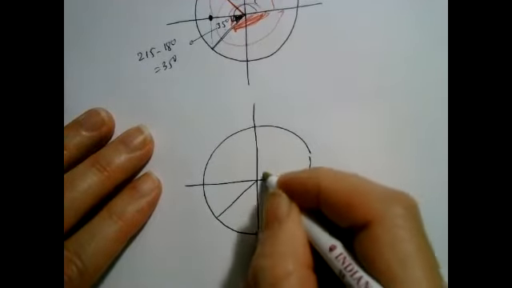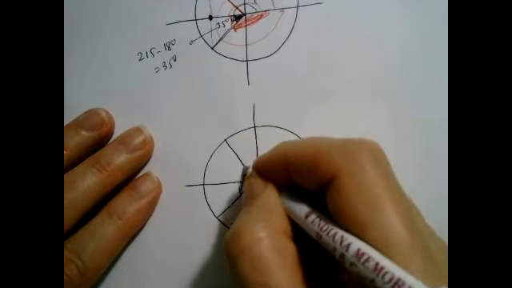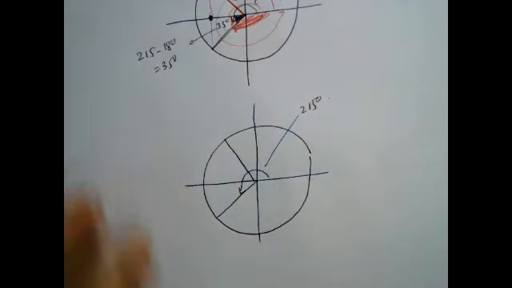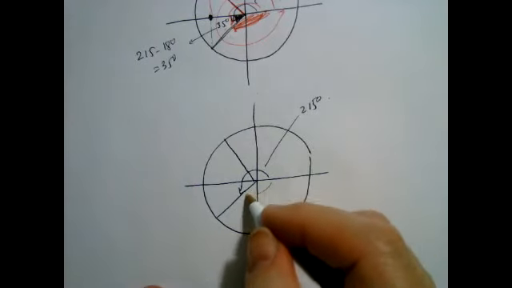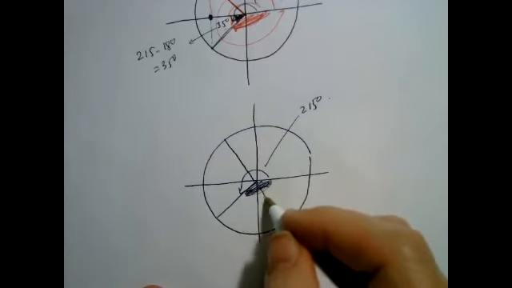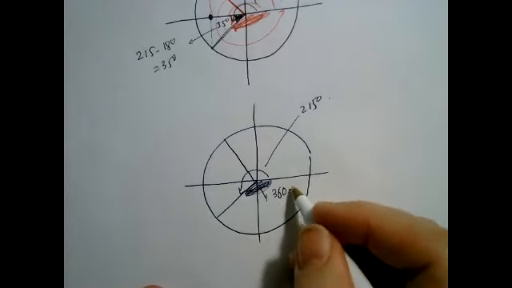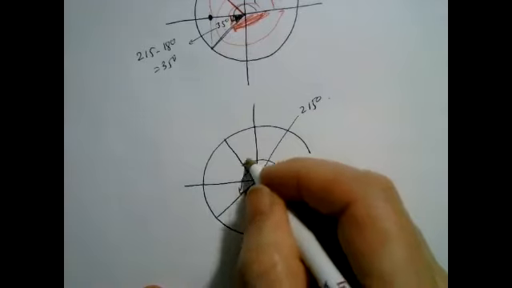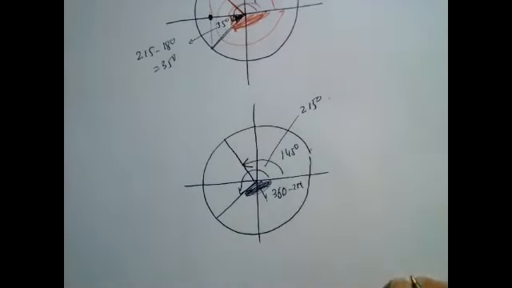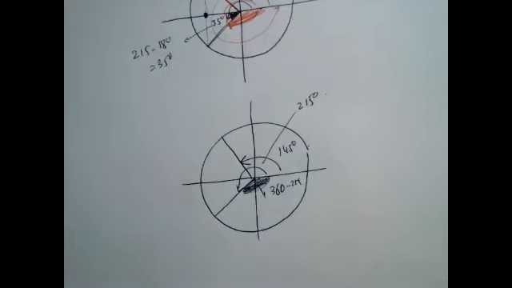That's 215. And I'm interested in that. So another way to do it is you think of this angle from here to here. So this angle here is 360 minus 215, which is the same thing as that one, which is going to give you the 145. End of the problem.